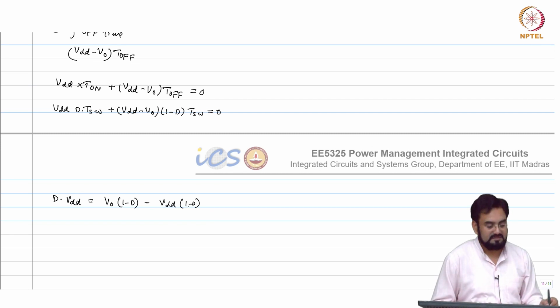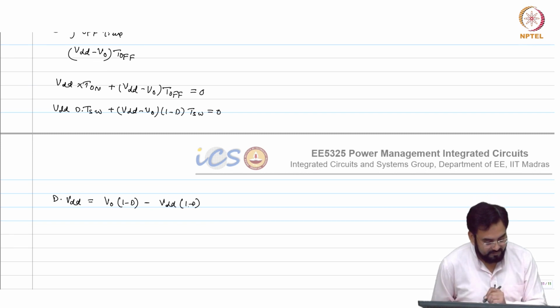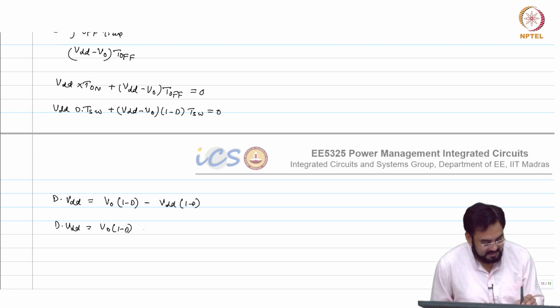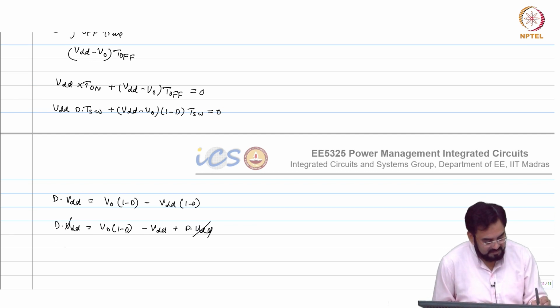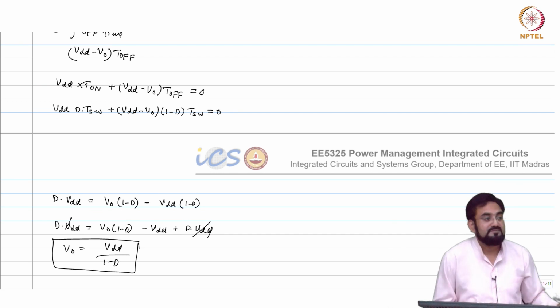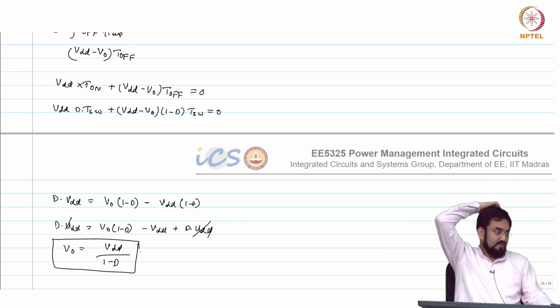Correct? D times VDD equal to V out into 1 minus D minus VDD plus D times VDD. So this is gone. So V out equal to VDD over 1 minus D. Okay.